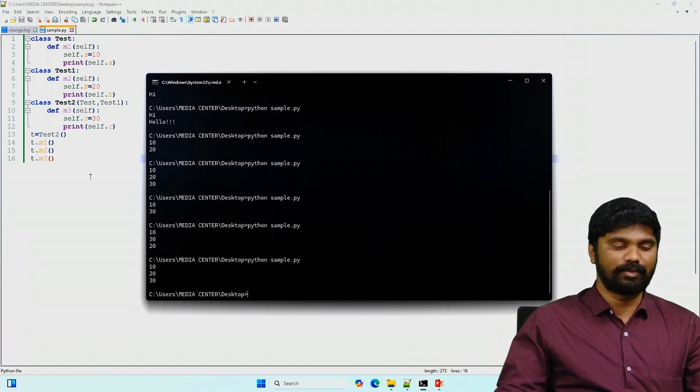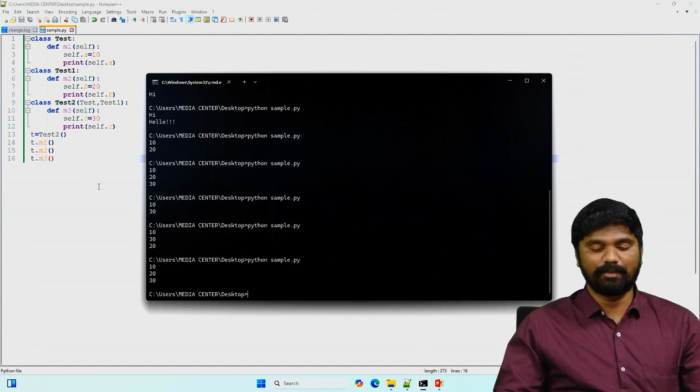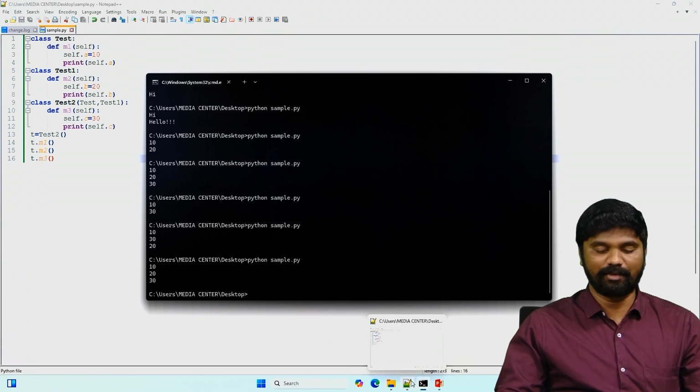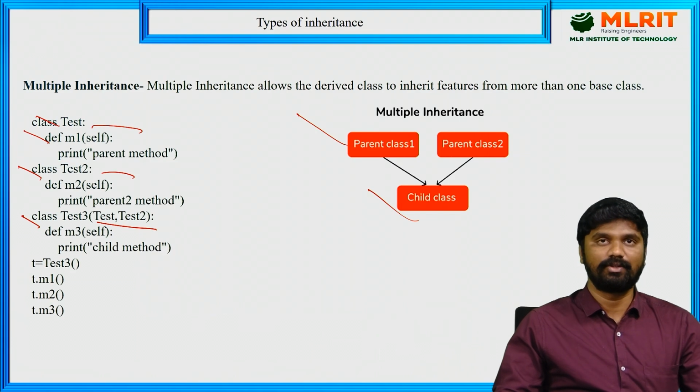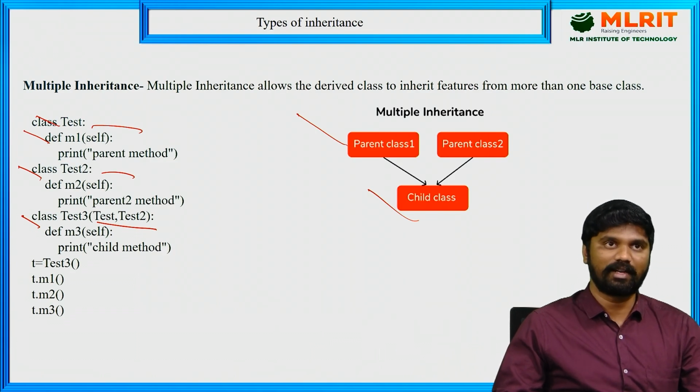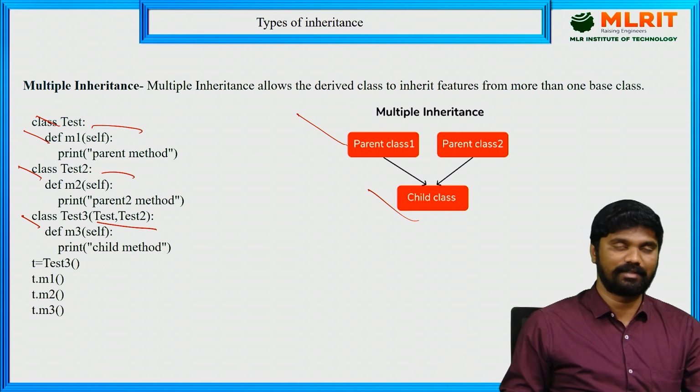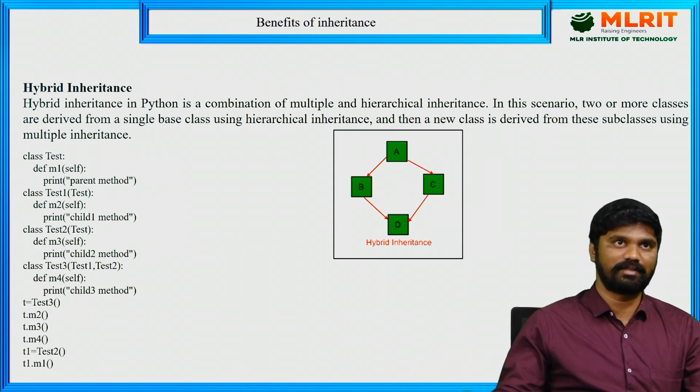So multiple inheritance means two or more parent classes but only one child class.